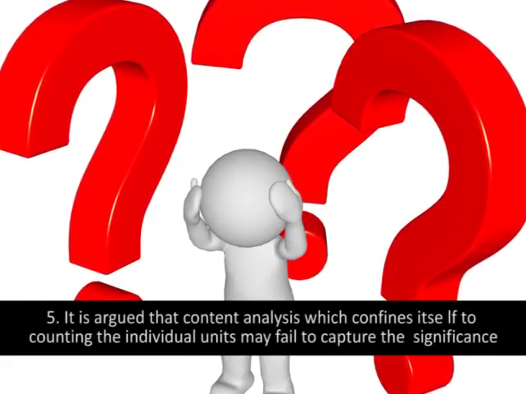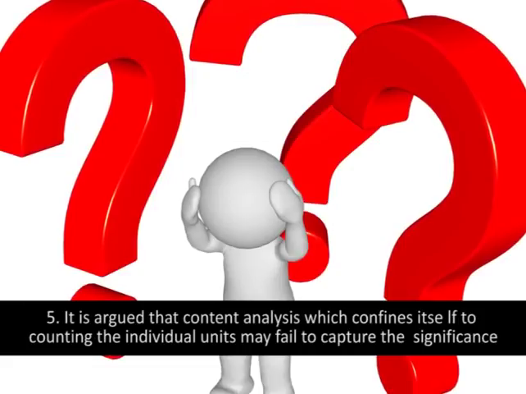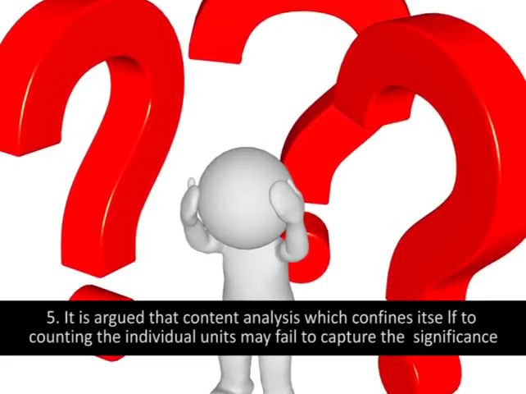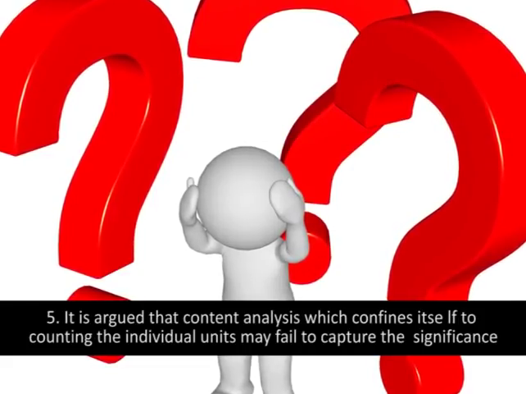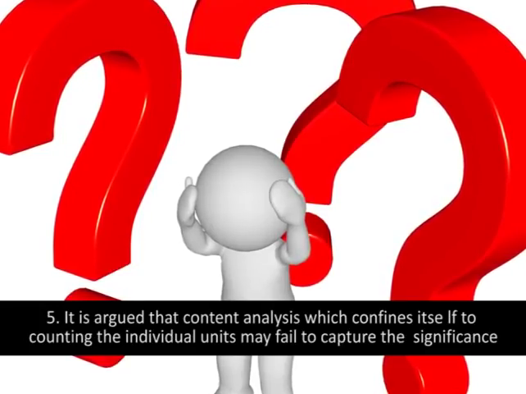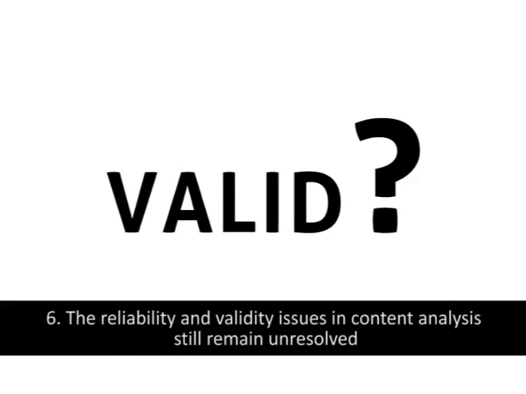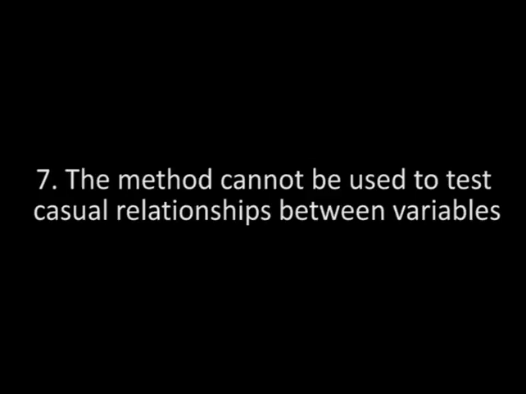It is argued that content analysis, which confines itself to counting the individual units and their frequency of occurrence, such as, for example, the number of times the word globalization appeared, may fail to capture the meaning or significance with which these symbols are used in the texts analyzed. The reliability and validity issues in content analysis still remain unresolved. The method cannot be used to test causal relationships between variables.